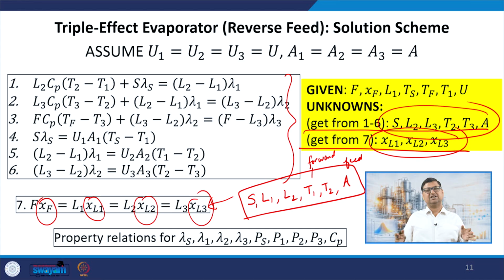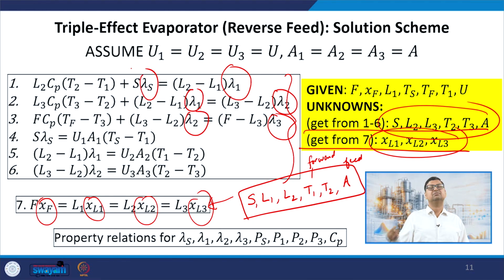But then in most cases, we will pretty much follow whatever makes our job easier, right. So, if I am designing an evaporator, I can make sure that whatever unknowns I choose give me a set of equations or a solution scheme that is easier to solve rather than more difficult, right. Again, I emphasize here that these lambdas are highly nonlinear, and although the equations appear to be simple, they can be quite complicated.